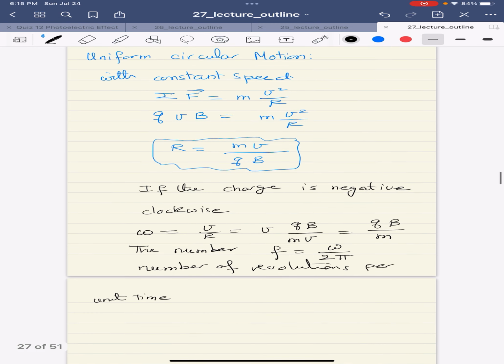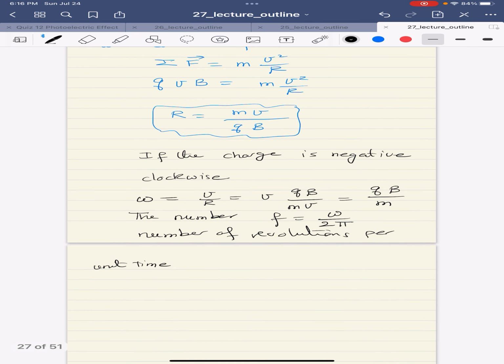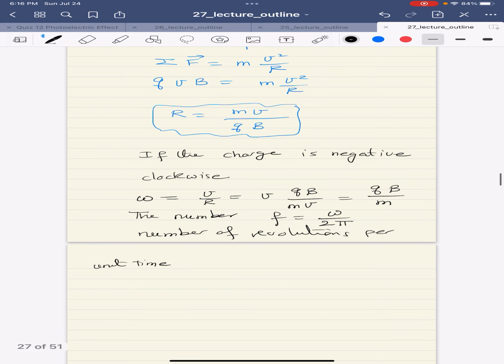And it is independent of the radius r of the path. We call this the cyclotron frequency.